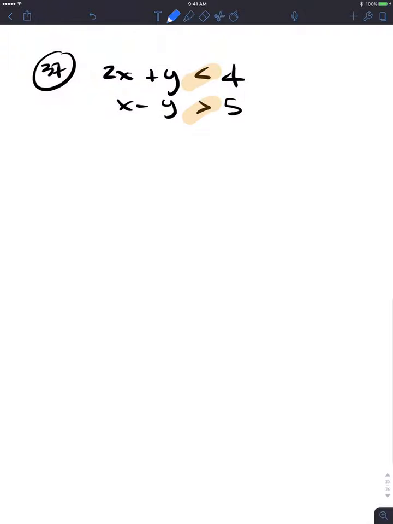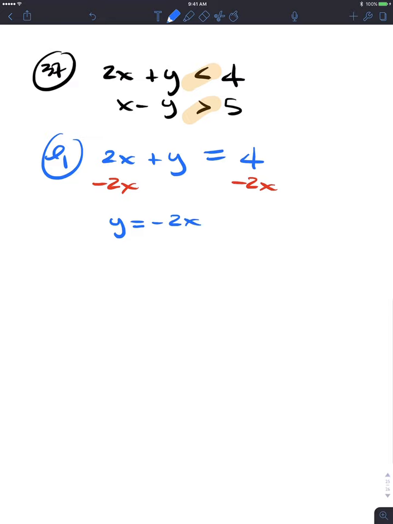We first start by graphing the equalities. Line 1: 2x plus y equals 4. And in green, well, let's actually solve this for y first. Subtract 2x. Y equals -2x plus 4. In green, line 2, we have x minus y equals 5.